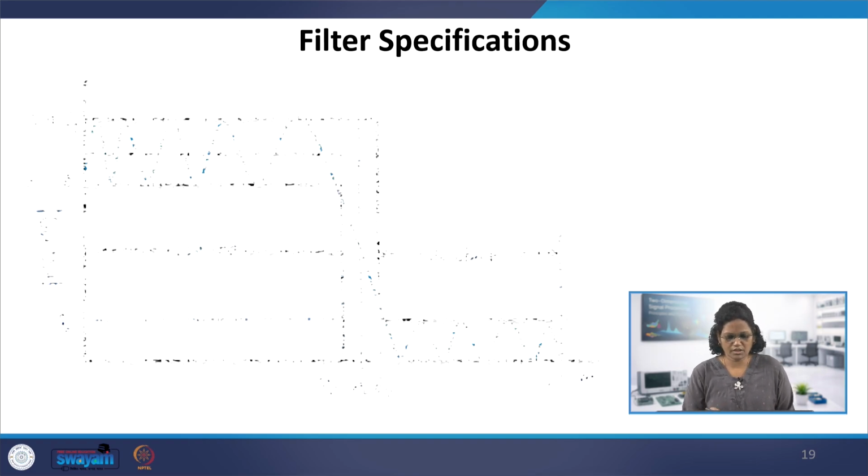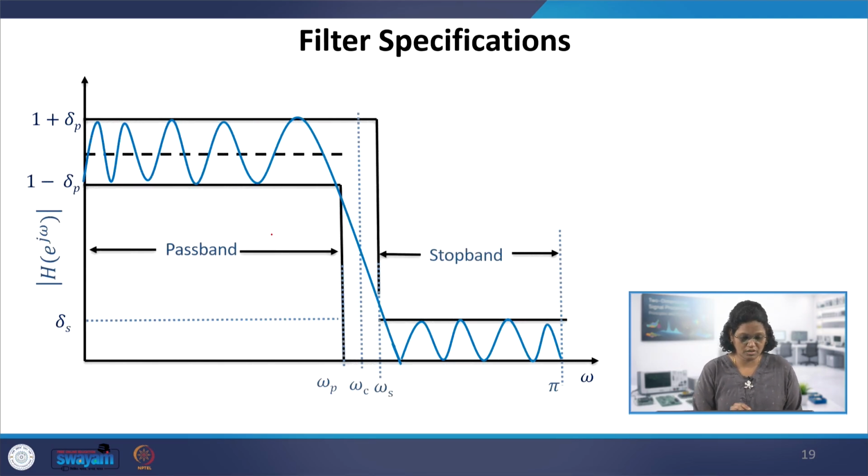So now we see the filter specification. It's obvious that this could be extended to 2D as well. So we have the pass band and the stop band. We need to know what band of frequencies is to be present in the output, or what frequency content should be removed. Then this is H of e^(j omega), the filter specification, or you can say the desired response, and we will have the ripple 1 plus delta p and 1 minus delta p.